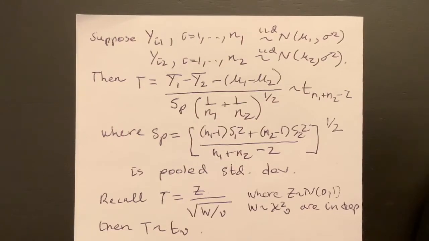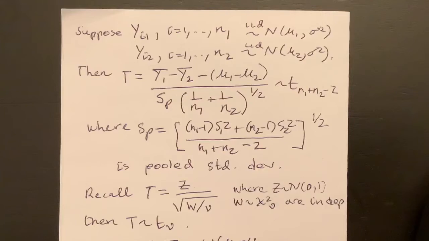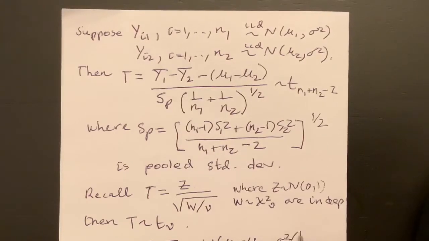And the variance of these is, and this is why we want the variances to be the same, otherwise it will not be perfect, just the sum of these two variances. So this is sigma squared over n1 plus sigma squared over n2. So this is sigma squared times 1 over n1 plus 1 over n2.